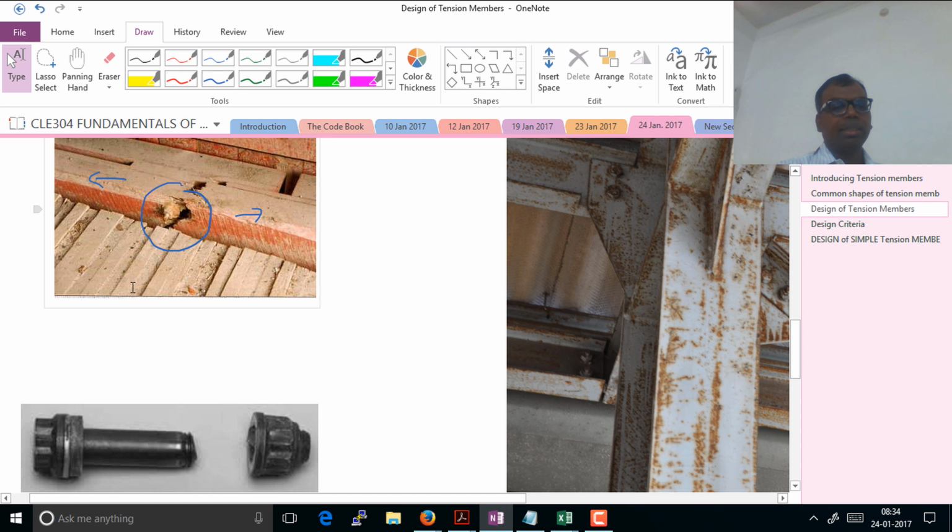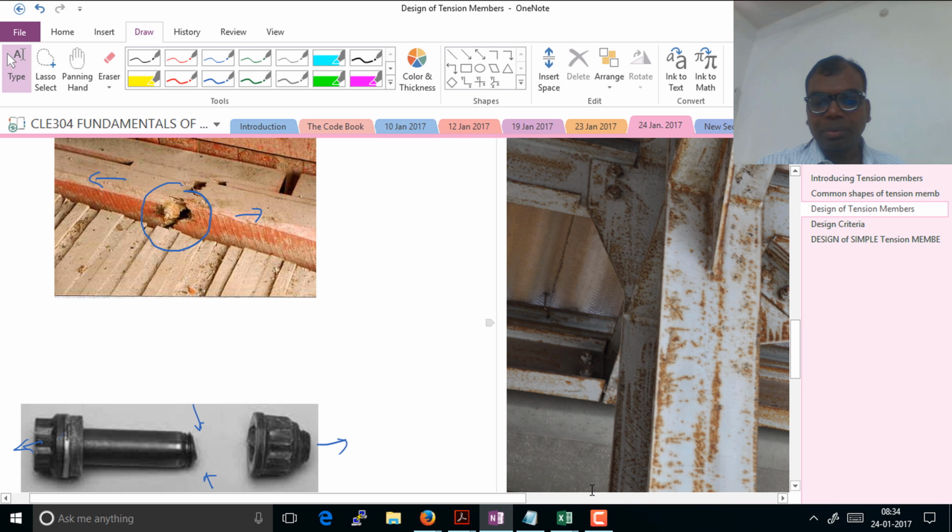Again, this is a place where the bolt has failed in tension. If you see here, the cross section was reduced in this portion because of the thread. So when the bolt was subjected to tension, it has failed.